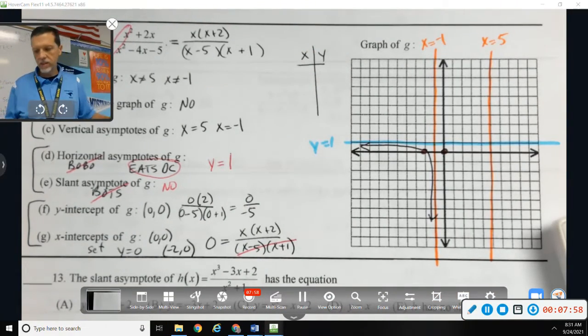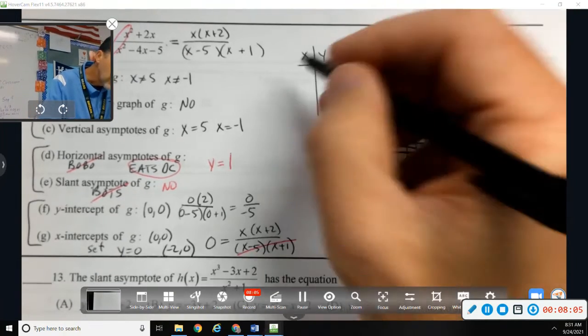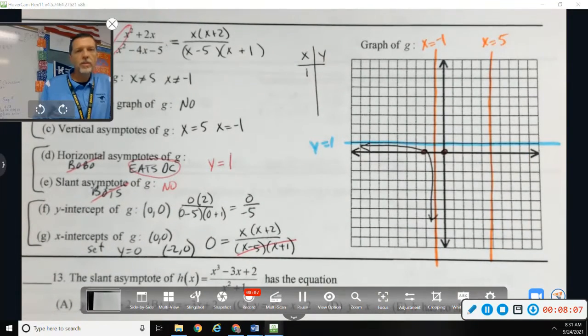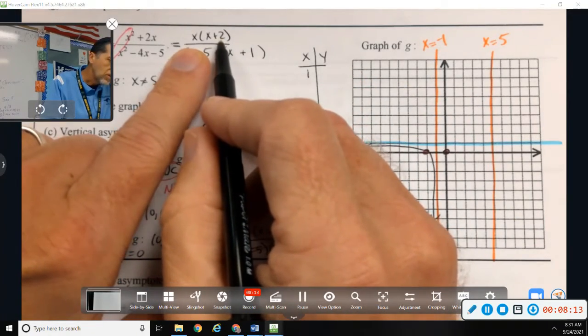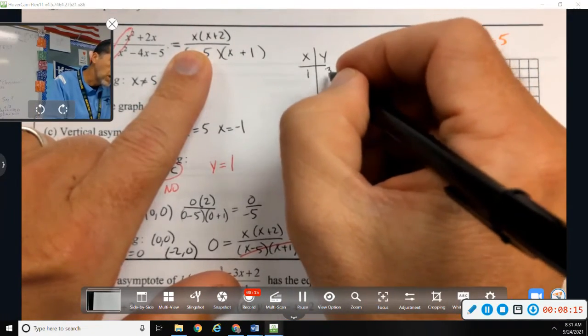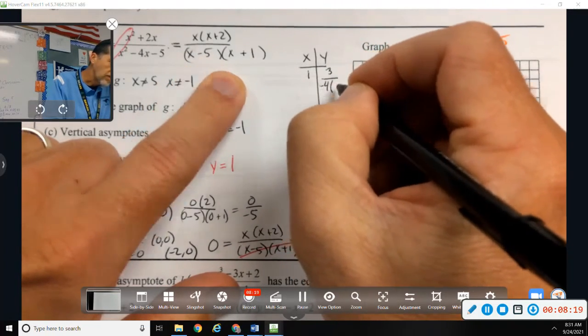Like this is the question from earlier of, I need more points. That's not enough. So let's go x equals 1 and see what happens. So 1 times 1 plus 2 is 3 over -4.